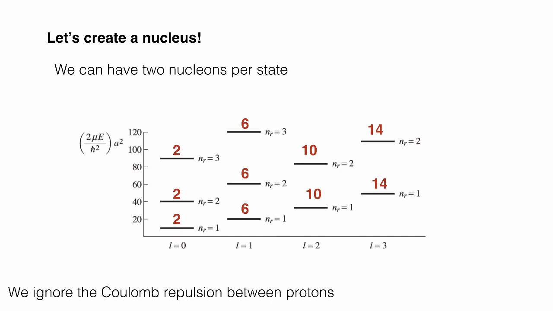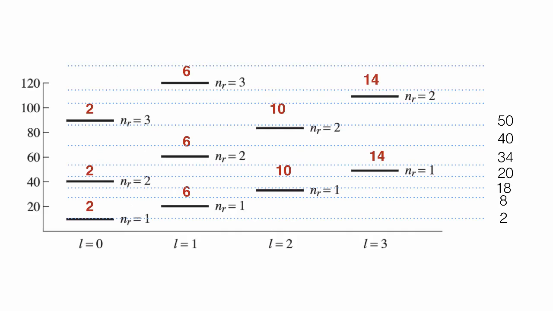And what we see is that you actually start to fill up some shells, okay? And this is what's very important about this model, is that it predicts something that's actually very important. And here, this is the same plot but a little bit larger. We see that we can fill the first shell, the state L equals 0, and I'm going to have 2 particles. The second shell I'll have 8 particles.